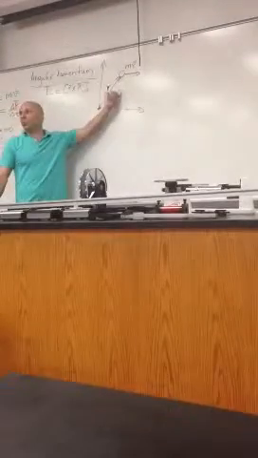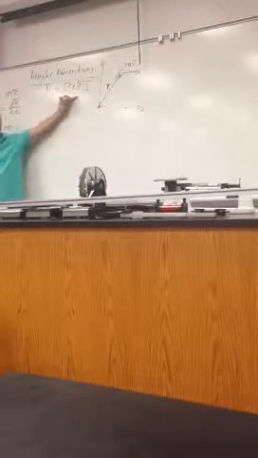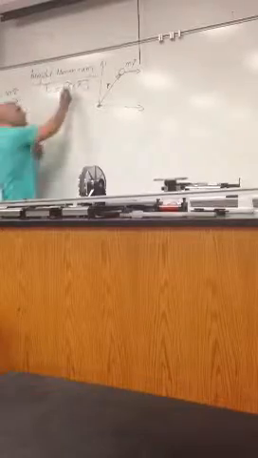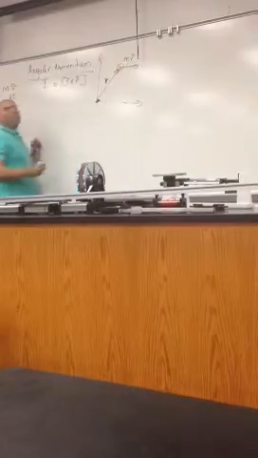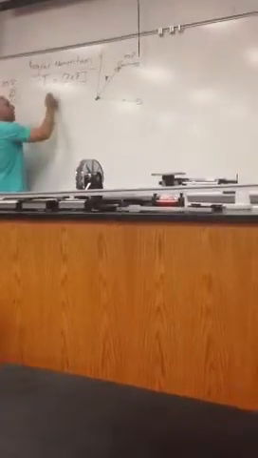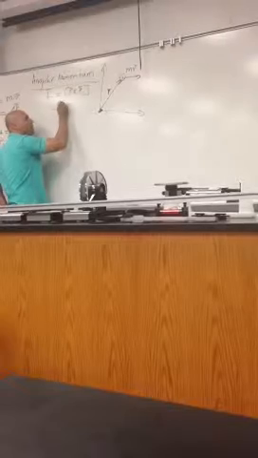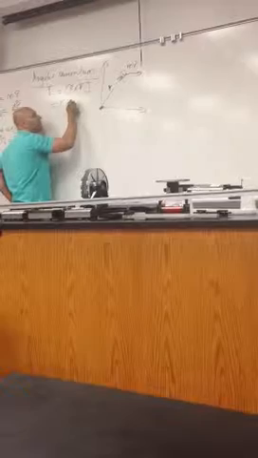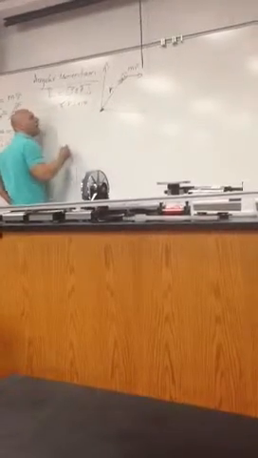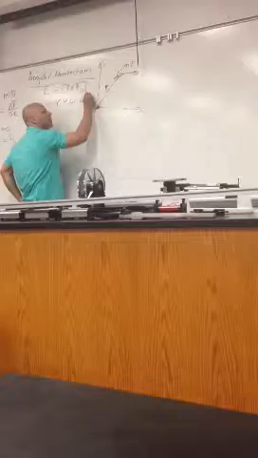And what will be the formula to find that? Simple, r cross p. What is r? The distance from here to the mass. What is p? The linear momentum of the particle. Because we know the cross product is r, p, absolute value, sine theta, the angle between r and p, the same as torque. In order to find the direction of the angular momentum, we have to use the right hand again, which is very important.